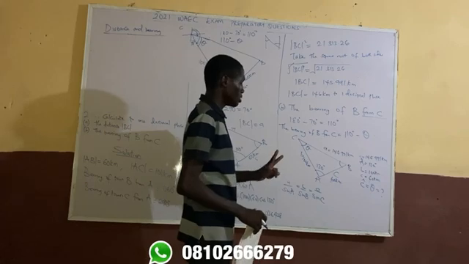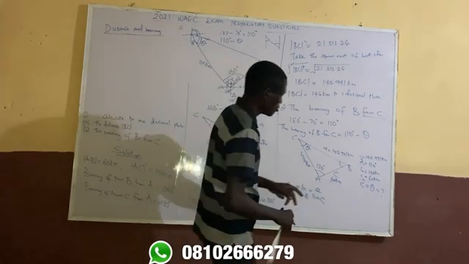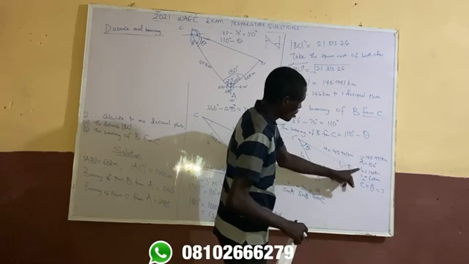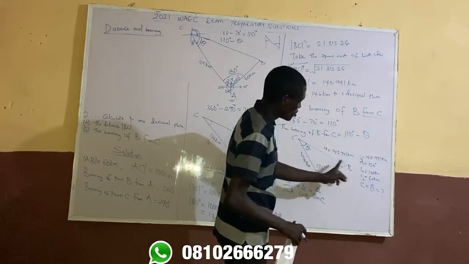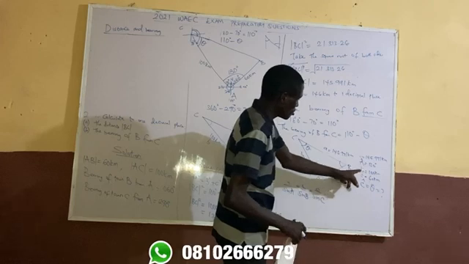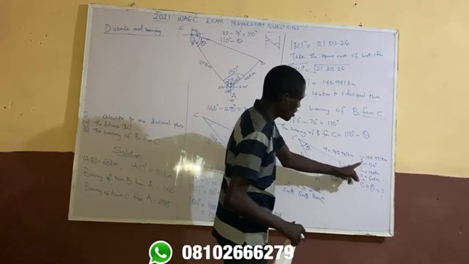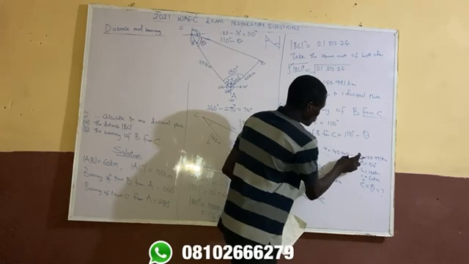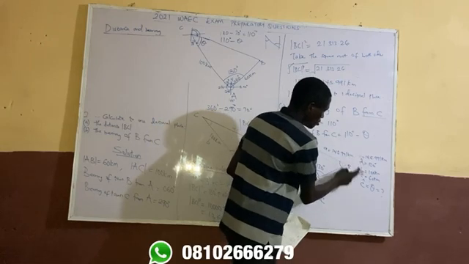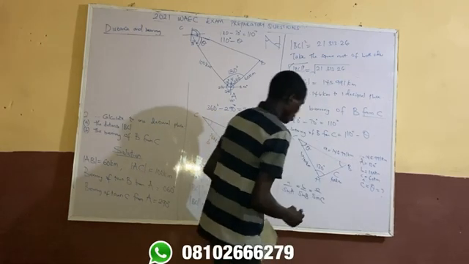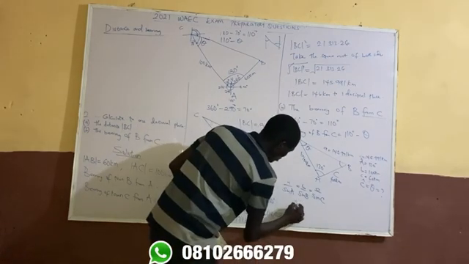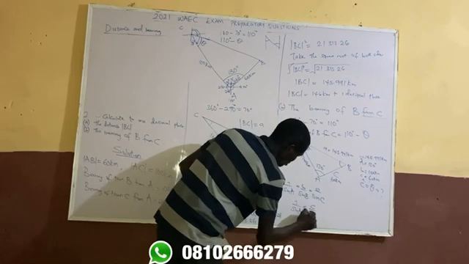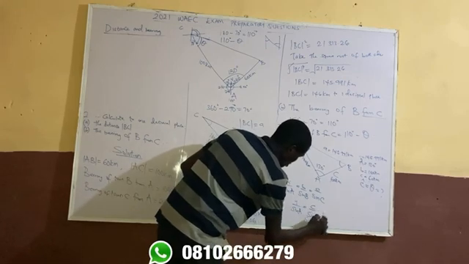We are given side B but don't know angle B, so B is not applicable. Rather, we relate A, since we know its side and its angle, to C, which we are looking for. So A over sine A equals C over sine C.